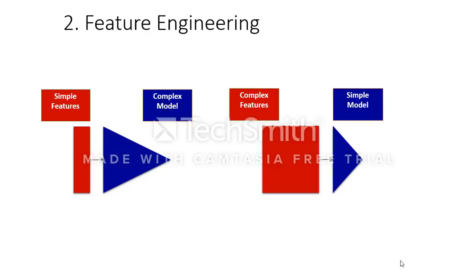So what I will do is I will go back to feature engineering, extract a few more features and build a simple model now. It is like, if our features are simple, we need a complex model. If our features are complex, our simple model can work.